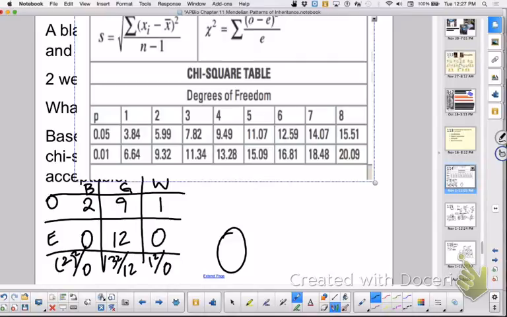Remember, we went from 3 phenotypes down to 2 phenotypes. When we added that up, 10 squared is 100, 100 divided by 50 is 2, so 2 plus 2 was 4.